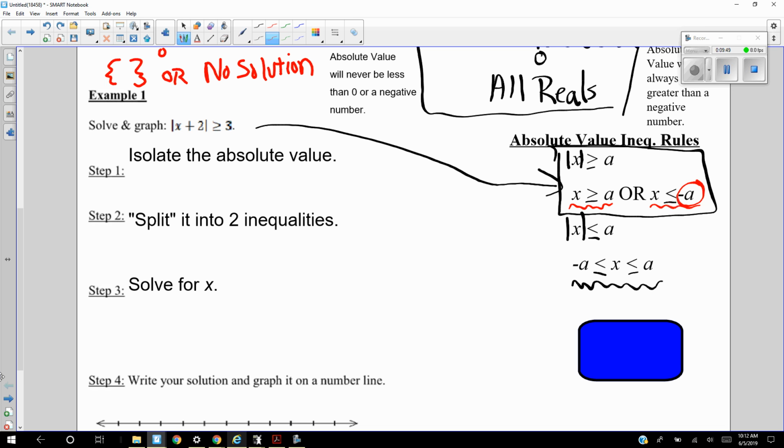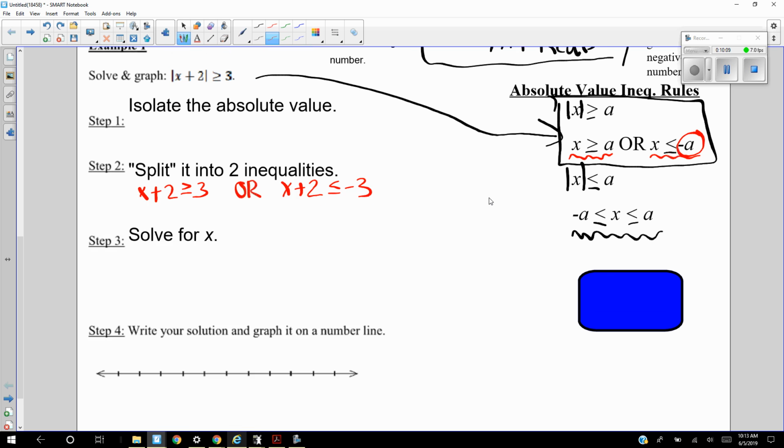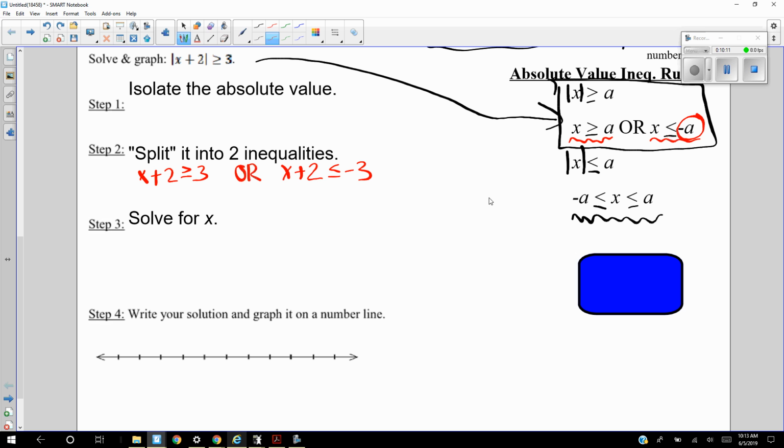Since the absolute value is by itself, we're going to drop the absolute value symbols and write x plus 2 is greater than or equal to 3, or x plus 2, we flip the sign and change the number on the right-hand side. Then you've got a couple of really basic inequalities to solve for x.